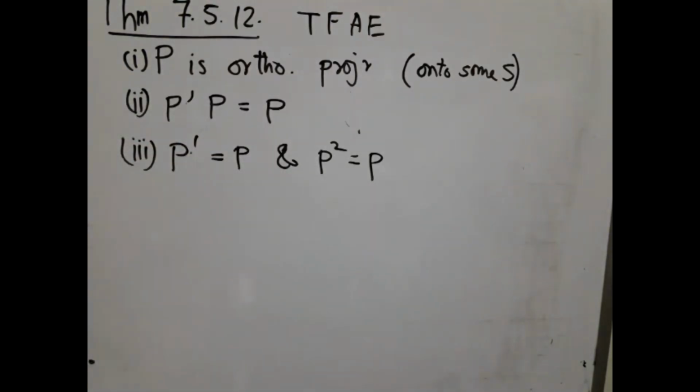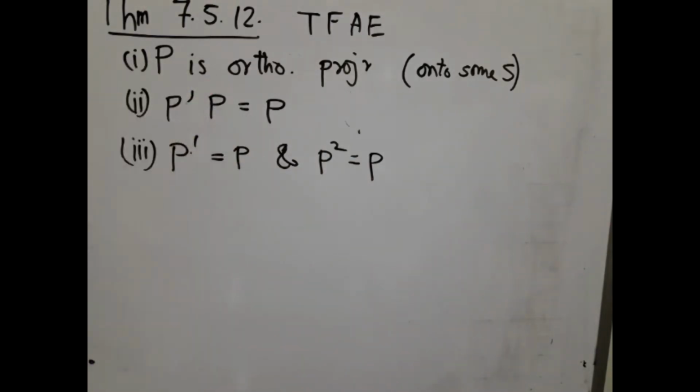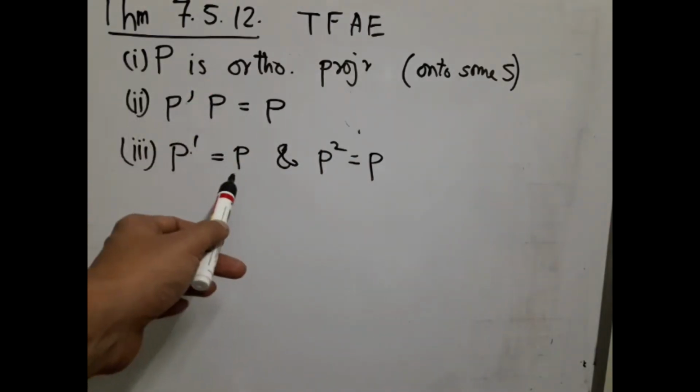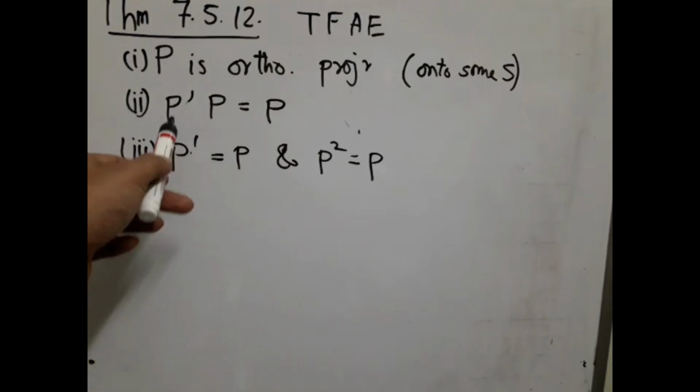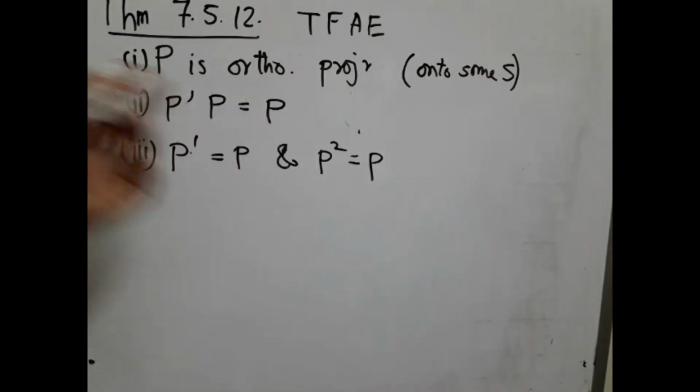So 2 implies 3. And if 3 holds, then it is very trivial to see that this must hold, because P transpose equals P, so this is P square, so P square equals P. I already have that P square equals P, so I have proved it. So the equivalence between 2 and 3 is more like just rewriting a little bit.